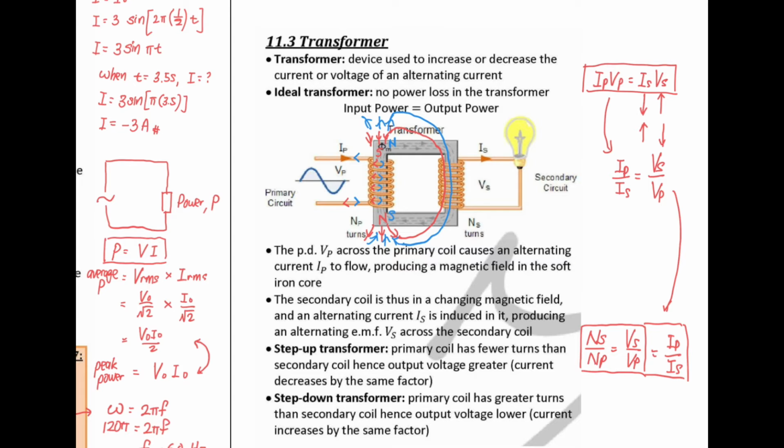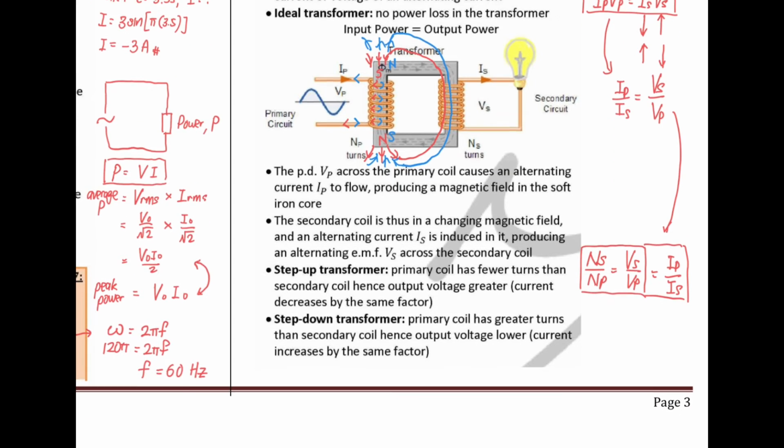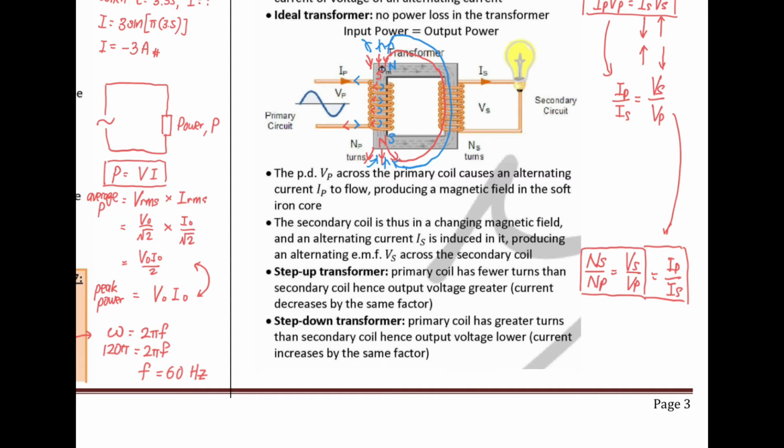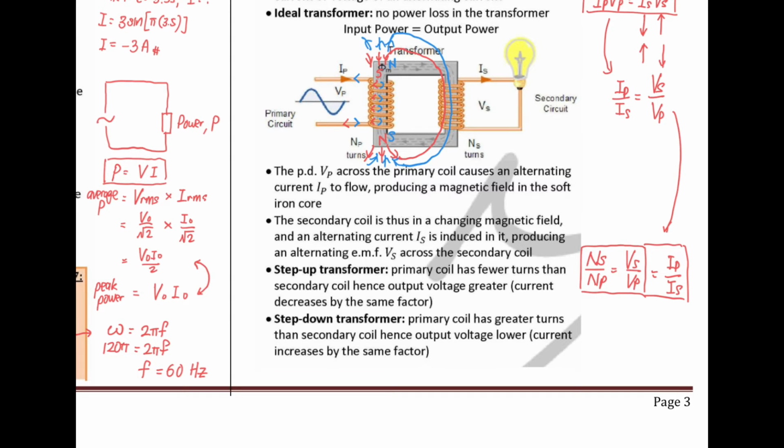Okay, now let's see step down. Step down transformer: the primary coil has more turns than the secondary coil. Hence output voltage is lower. Current increases by the same factor. So that means the step down transformer is the other way around. The NP is greater, the NS is smaller.